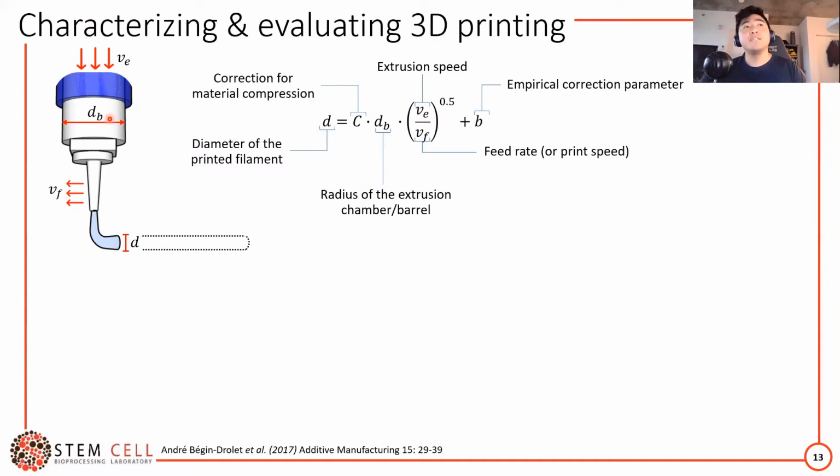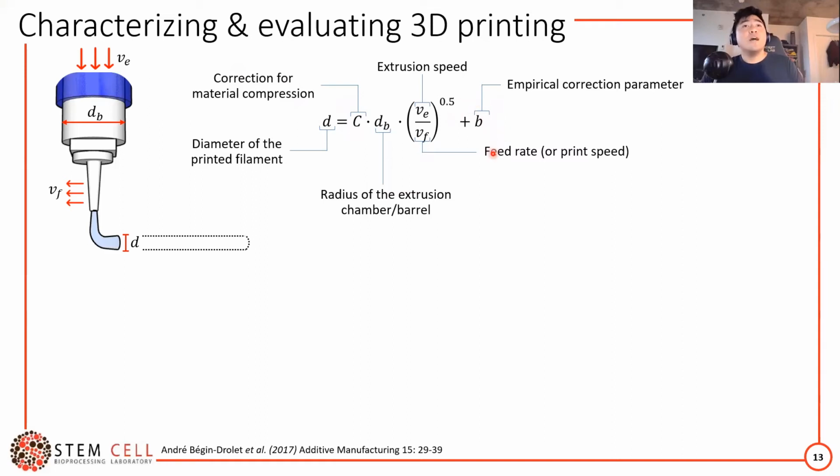It's essentially how fast your piston is pushing down through your barrel if you're thinking about a syringe. Another speed that's really important is the feed rate or the print speed. This is VF, and that's the speed at which the whole printing structure is translating. That's the barrel and the nozzle. While it's extruding, all of it is being translated at a speed VF. So the diameter of what you're printing is all related to these parameters. We also have some correction parameters for material compression and expansion, which is C, but also for a more empirical or random error, which you will see as B.